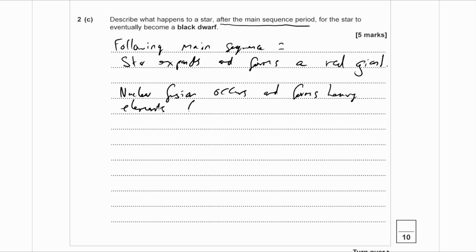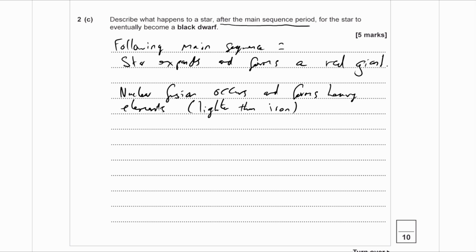I'm going to put in brackets here, lighter than iron, because you should know that iron and the elements which are heavier than iron are formed in supernovas, and that is a different pathway. They are not formed in this pathway because there's not enough energy. Supernovas allow the formation of the heavy elements which are heavier than iron.